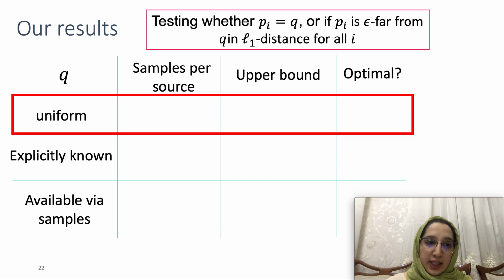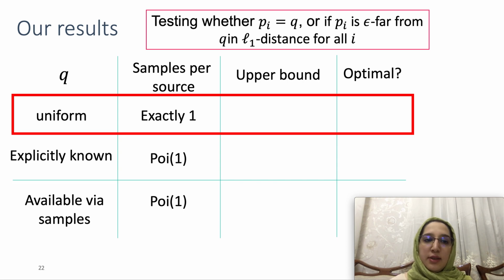So for the three cases I mentioned, for the first case, we assume we have exactly one sample per source Pi, and for the rest, we assume that there are Poisson of one sample. When we are assuming that there are Poisson of one sample, it means that in the worst case, we are only requiring log n samples for a few distributions, and in expectation, we only require one sample per distribution.